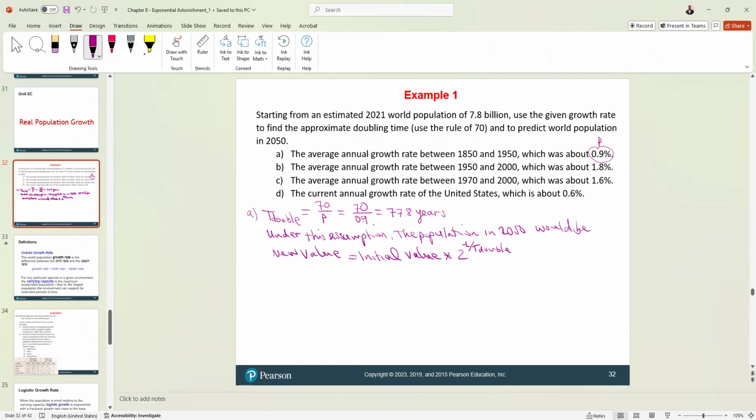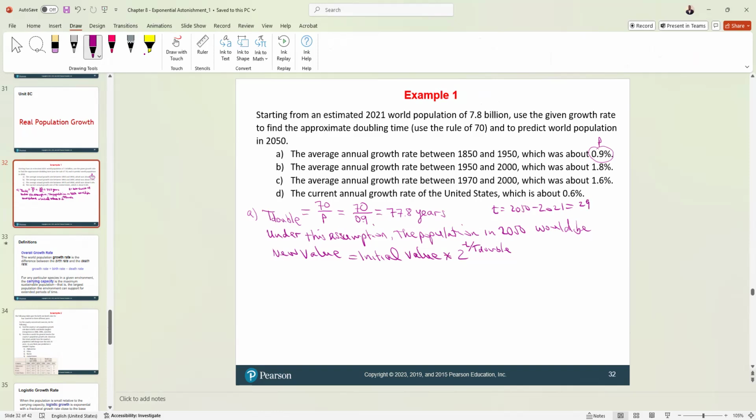If I take a calculator, 2050 minus 2021, because you need to find this t, that would be 29.